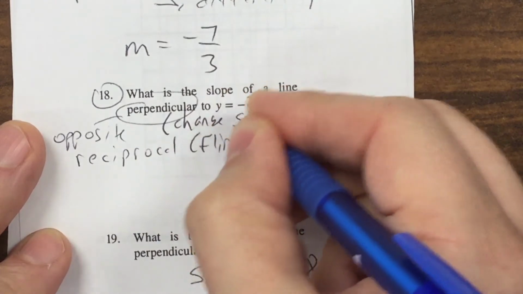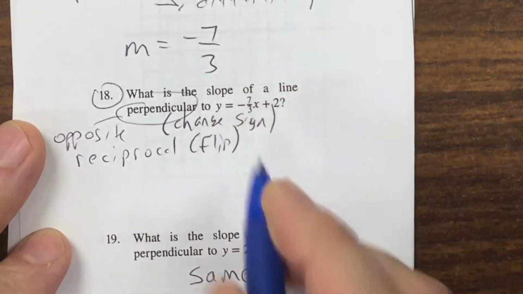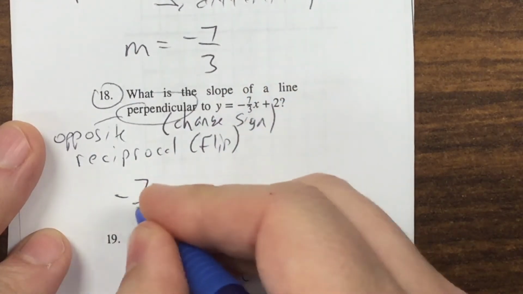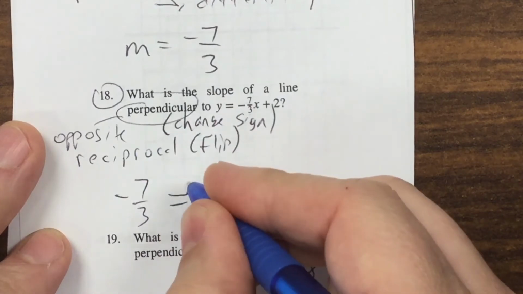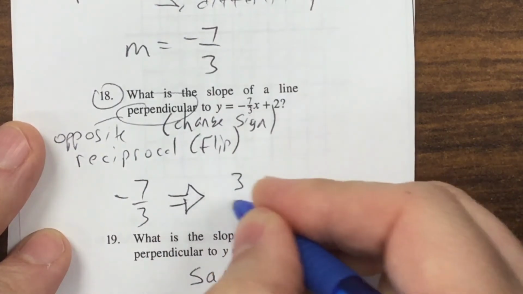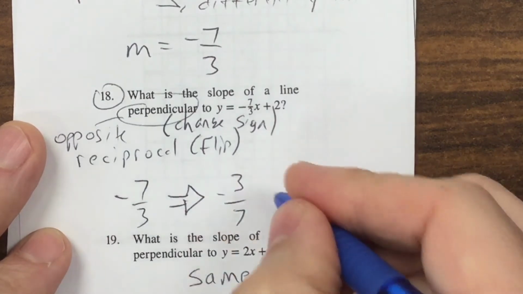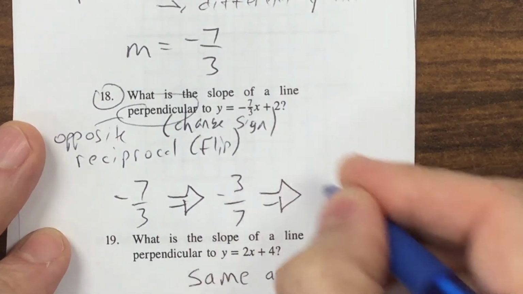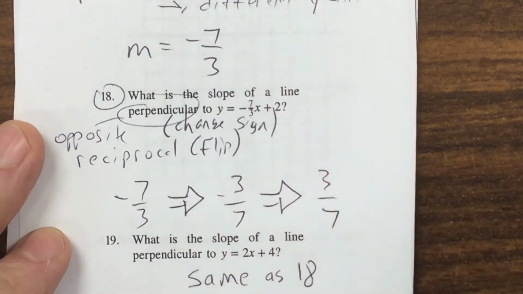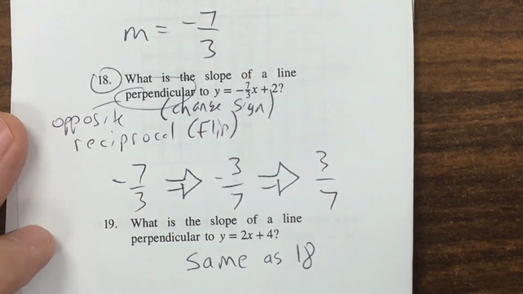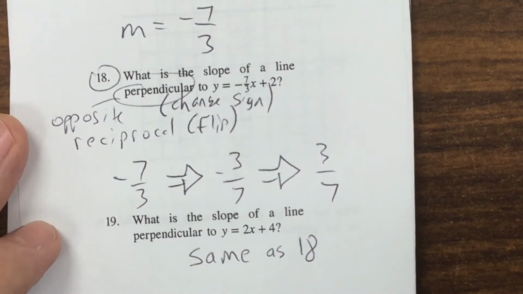That's all you do. So what is the slope in this line? It's 7/3. We're going to flip it. Now it's 3/7, but we're also going to change the sign. -3/7. You do those 2 steps and you're good.